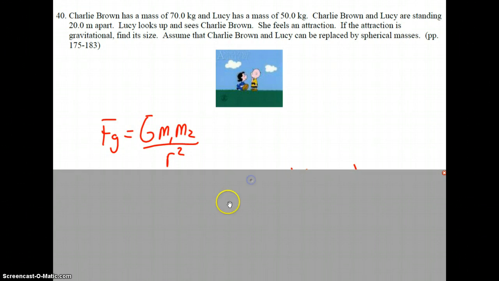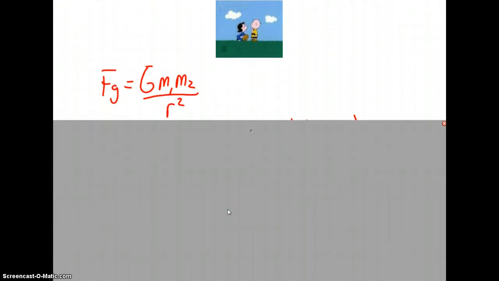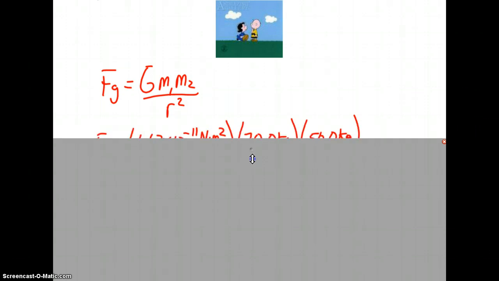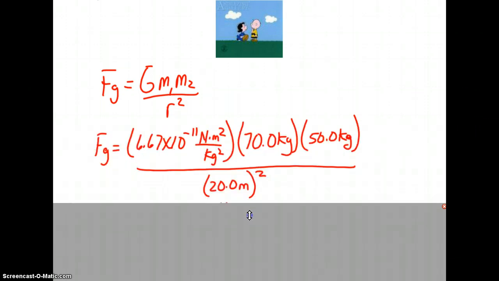We go ahead and we start with Newton's universal law of gravitation. Fg equals big G m1 m2 over r squared. We sub in the values that we've been given. Big G, 6.67 times 10 to the negative 11 newton meter squared per kilogram squared off the reference table, times Charlie Brown's mass of 70 kilograms times Lucy's mass of 50 kilograms divided by the distance between them, 20 meters, not forgetting to square it.